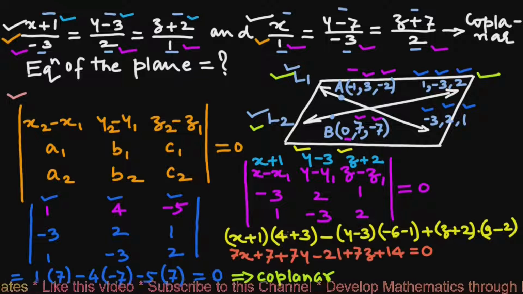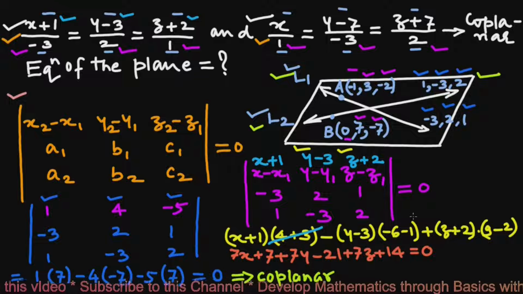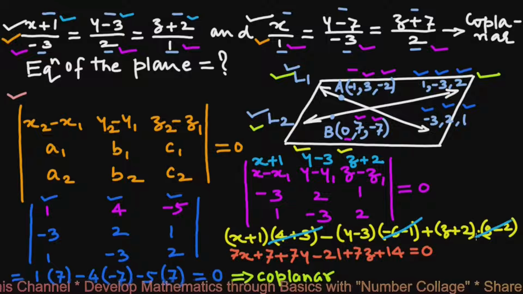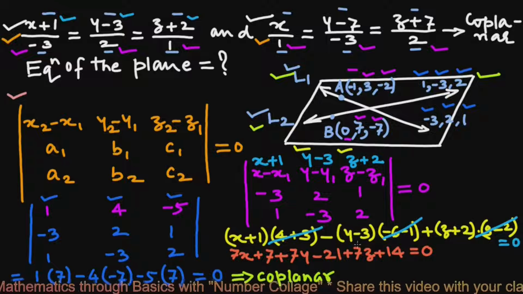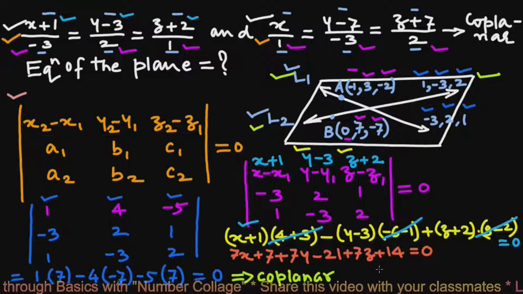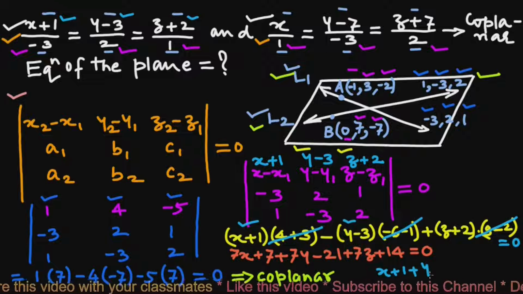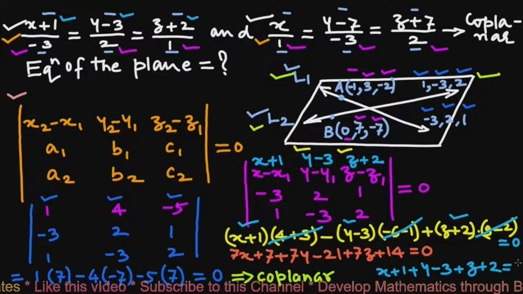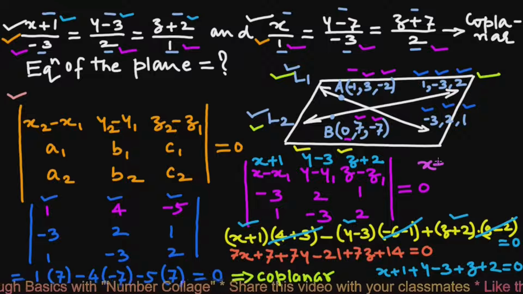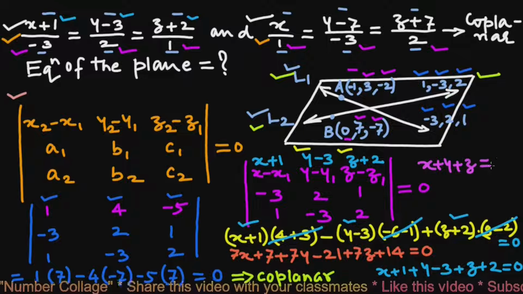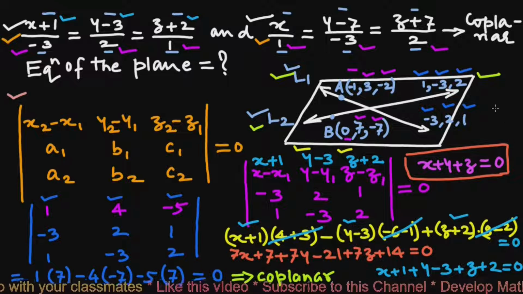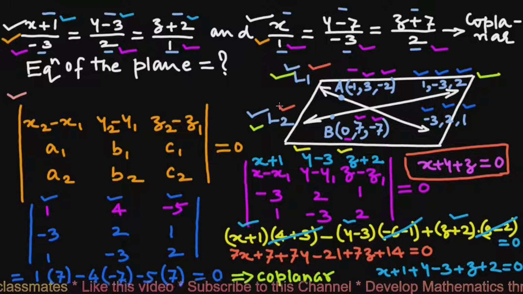So it will be, if we cancel this 4 + 3 = 7, minus into minus is plus 7, and this 7, equals 0, then we are left with x + 1 plus y - 3 plus z + 2 equals 0, which finally will be x + y + z = 0. So this is the equation of the plane in which lines L1 and L2 lie.